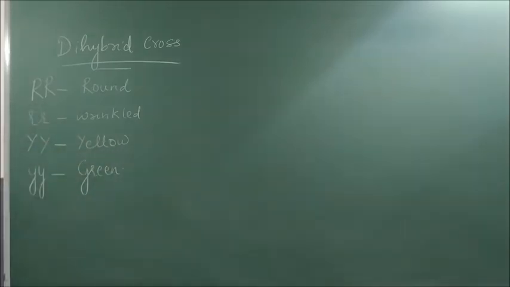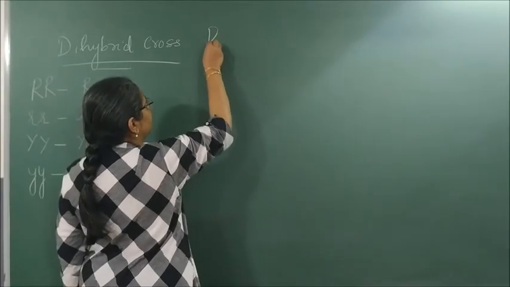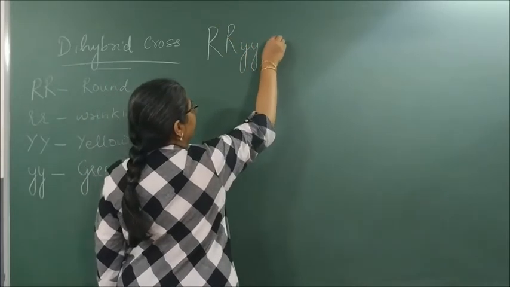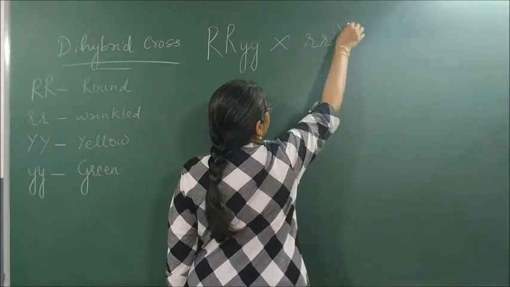This is how we will take the class. Capital R is round seeds, small r is wrinkled seeds, capital Y is yellow and small y is green.